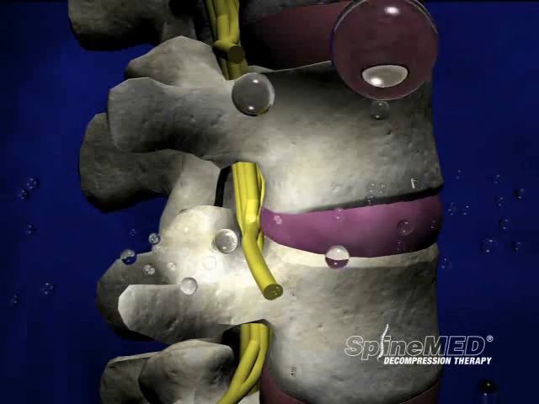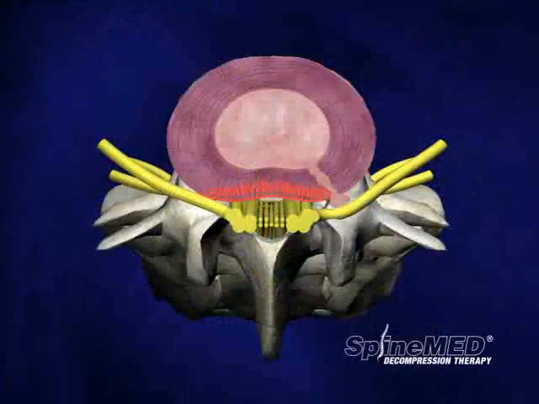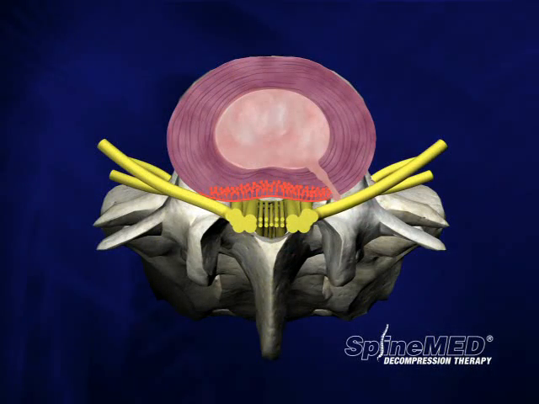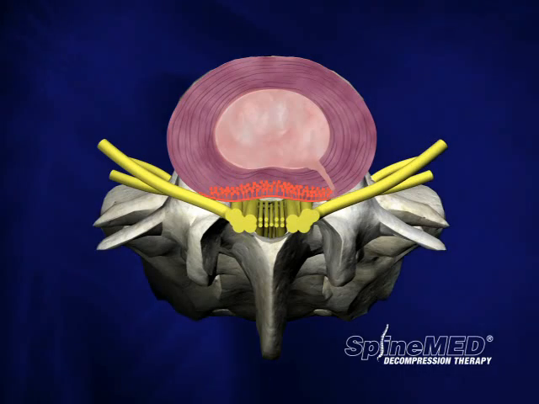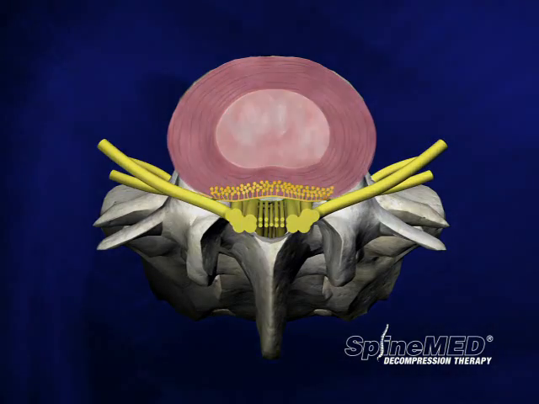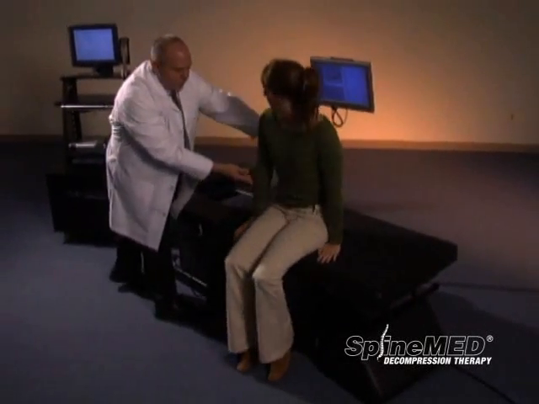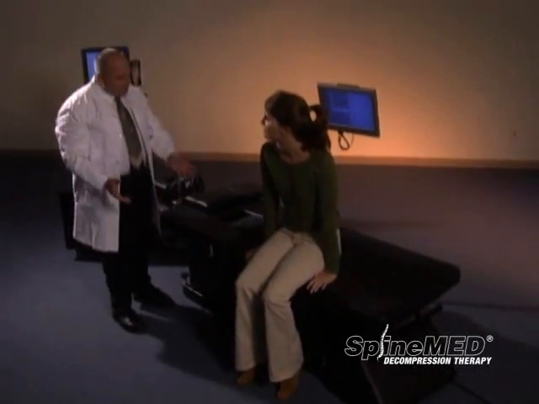Furthermore, reduced pressure helps the disc draw in the fluids and nutrients necessary for proper hydration and disc height. Following a care plan of approximately 20 SpineMED treatments, patients may realize a cumulative effect that significantly reduces lower back or neck pain, and all without the use of drugs or surgery.